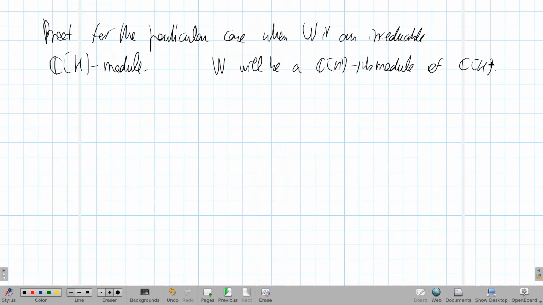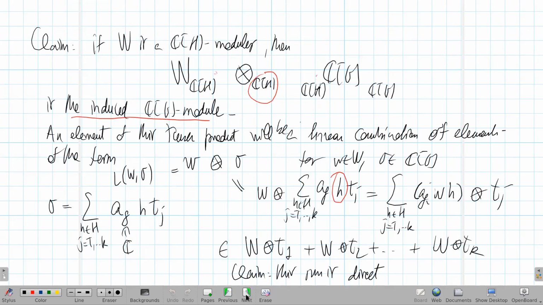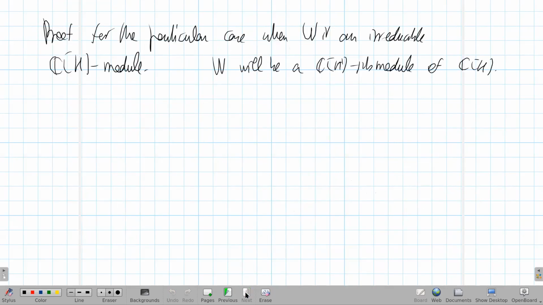Now, okay, so remember, we want to prove that this is direct. But we first work inside CG. We're going to use the universal property. Okay, I'll explain when it comes to that. Now consider an element of CG. Okay, consider an element of CG. And as before, this is of this form.